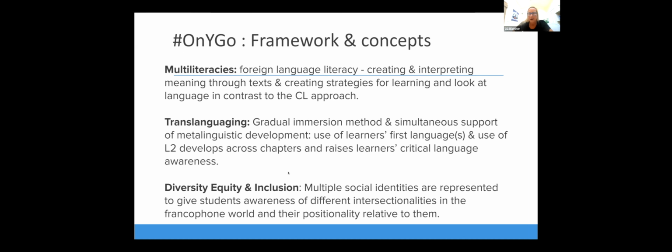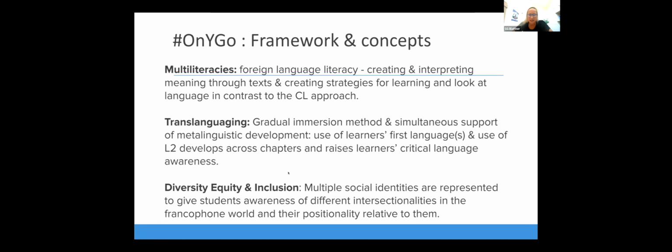So we again are teaching in different regions, and some of our students speak other languages than English. So we wanted to include these aspects in the learning of French, because sometimes it's really facilitating learners to develop their understanding of French.